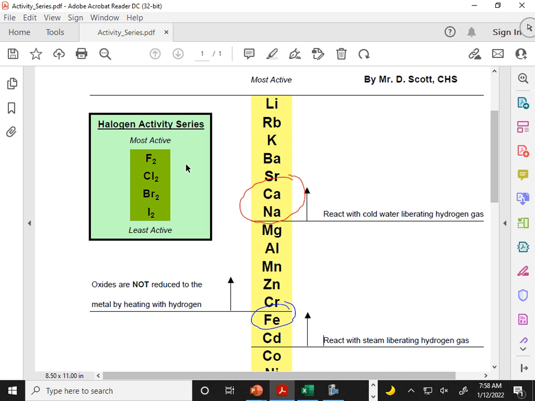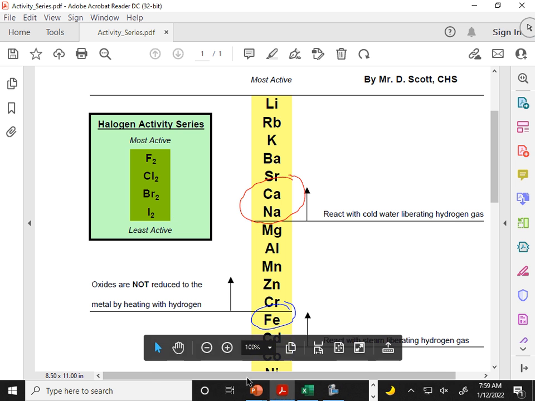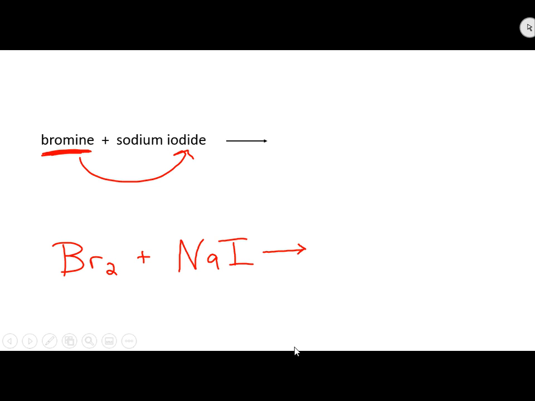So it follows the order from top down on your periodic table. Is bromine active enough to replace iodine? It is.